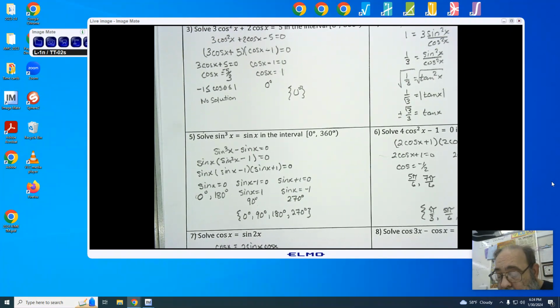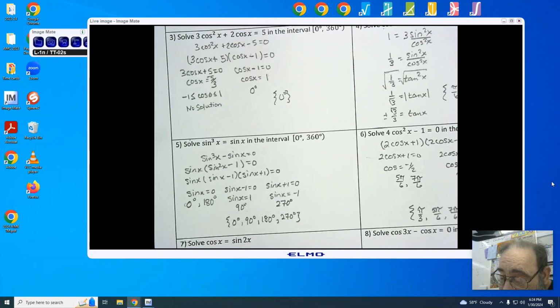Now, if I'm working with my degrees, I would have 30 degrees. So x sub 1 is going to be 30 degrees plus 360 degrees k. And I have 150 degrees plus 360 degrees k.